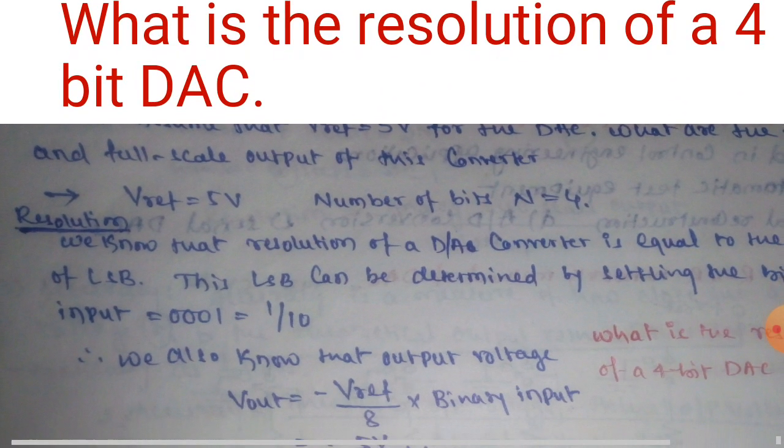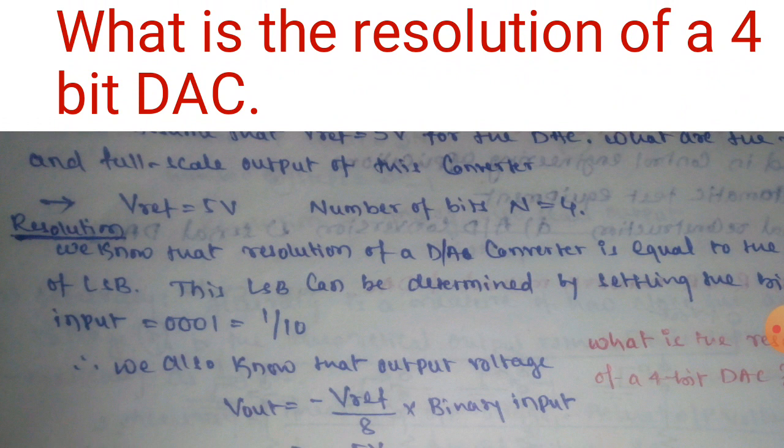Then what is the resolution of a 4-bit DAC? We know that the resolution of a DAC converter is equal to the weight of the LSB. This LSB can be determined by setting the binary input equal to 0001, equal to 1 upon 16.